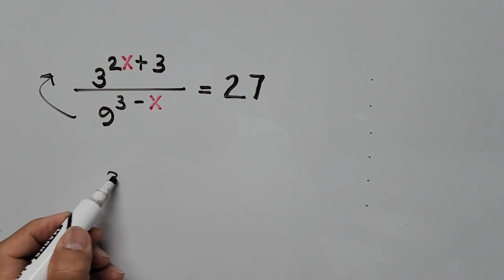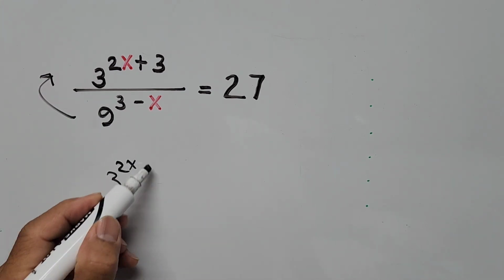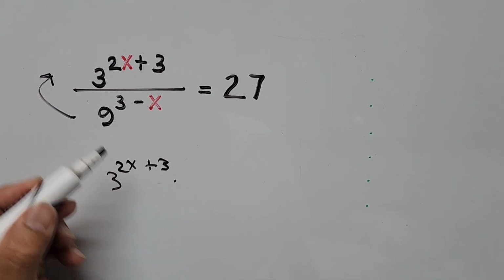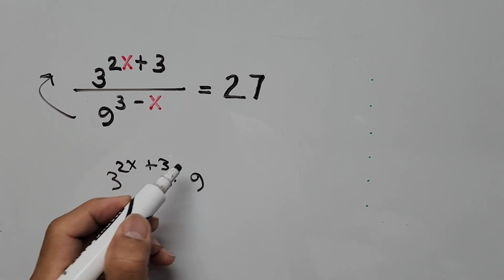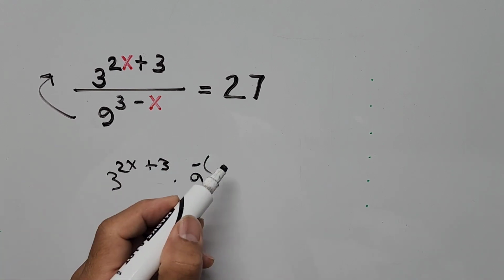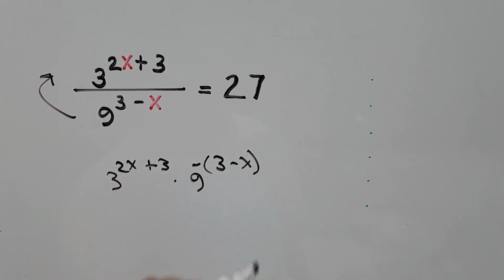So we have 3 to the power of 2x plus 3, and then times 9 to the power of negative 3 minus x.